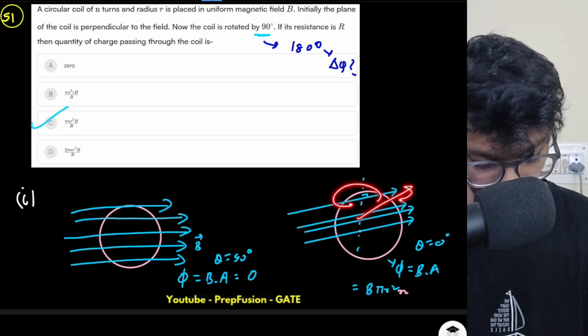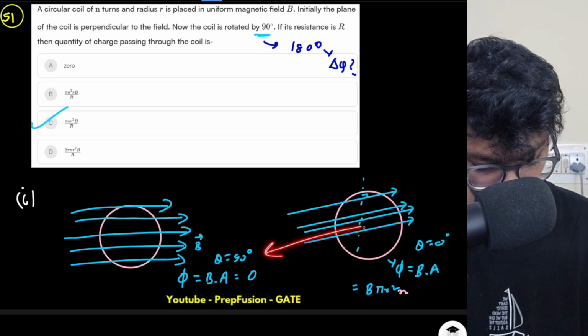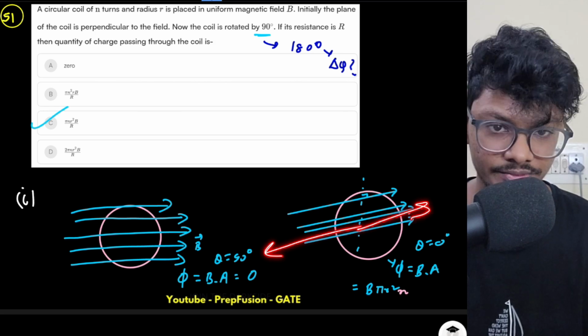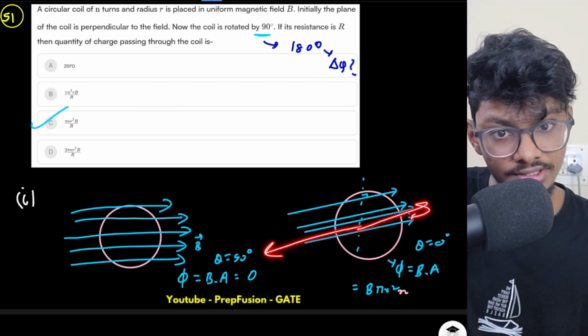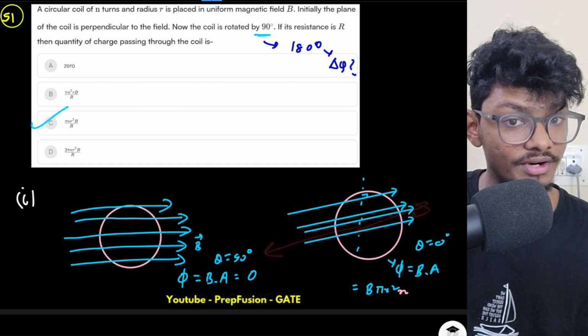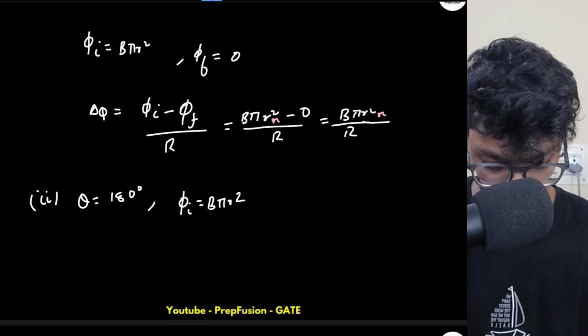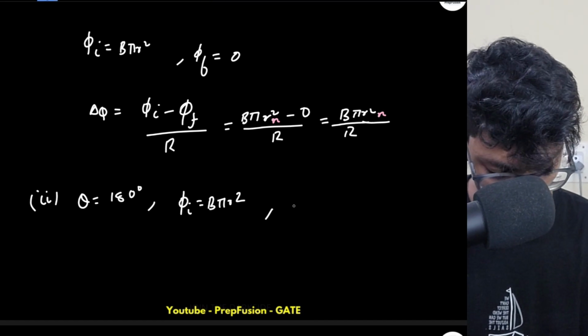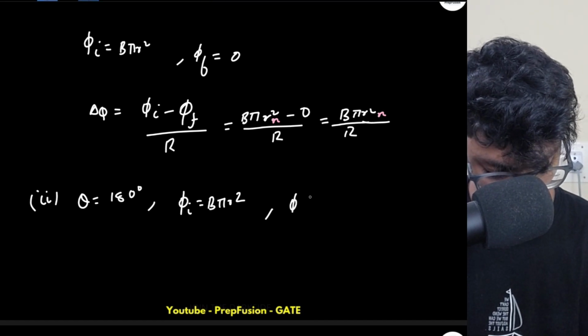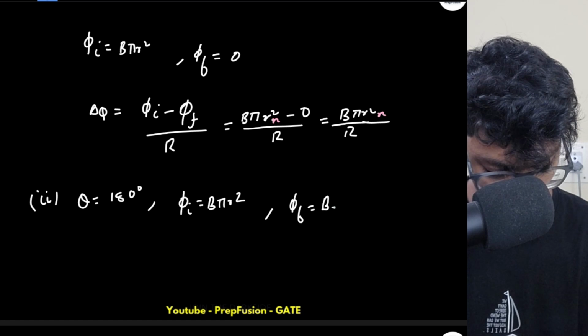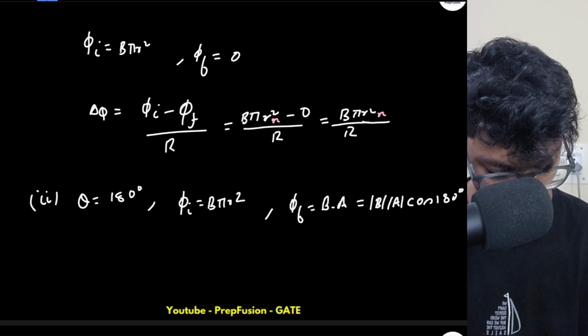If I rotate a whole 180, my area vector will be pointing outwards, opposite to the magnetic field direction. So what is the change in flux? Phi final will be B dot A, which is the magnitude of B, magnitude of A, cos 180.